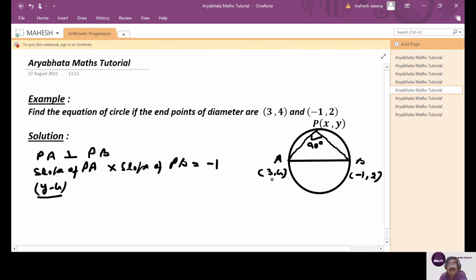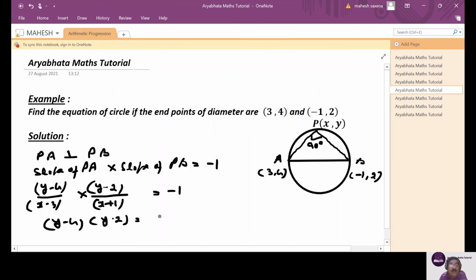And slope of PA is y minus 4 upon x minus 3, into slope of PB, which is y minus 2 upon x plus 1, is equal to minus 1. By cross multiplying, we get y minus 4 into y minus 2 is equal to minus x minus 3 into x plus 1.